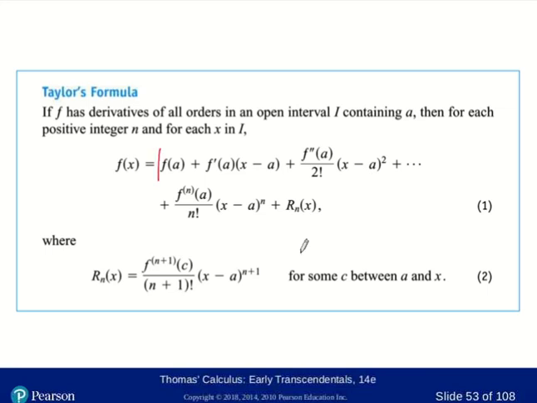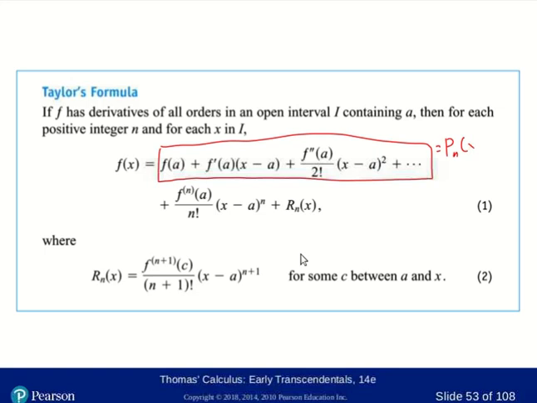And then again, the nice thing about this is exactly pn of x. Whoops, I didn't get all of it, I missed the last term of pn of x. Here we go. This is pn of x, all of the terms up to the nth derivative, x minus a to the nth power. That's the definition of the nth Taylor polynomial.